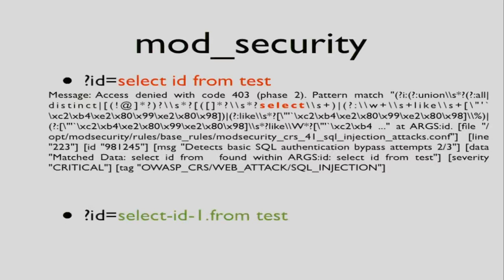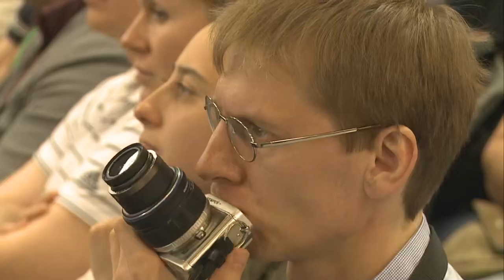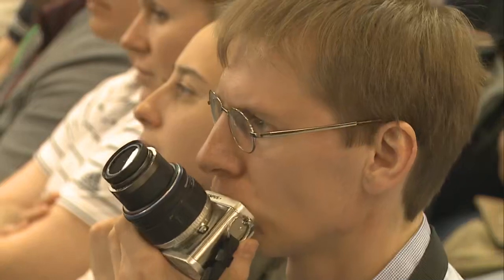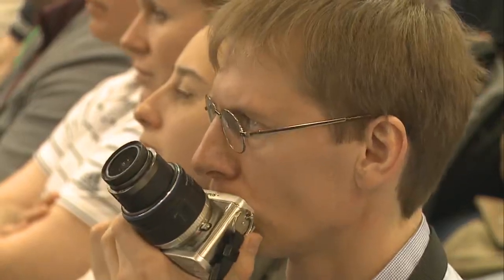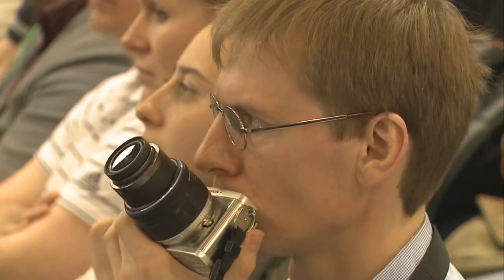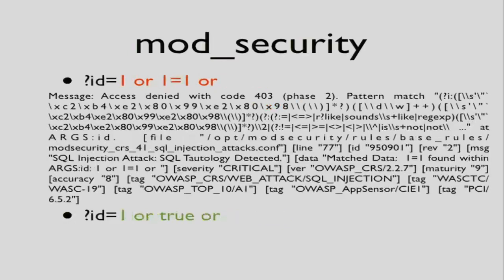We remove the dashes, we remove the spaces, and it goes through and it fits all the rules. I've created some abstract rules about how it detects the exact string. So it's obvious what you do here.